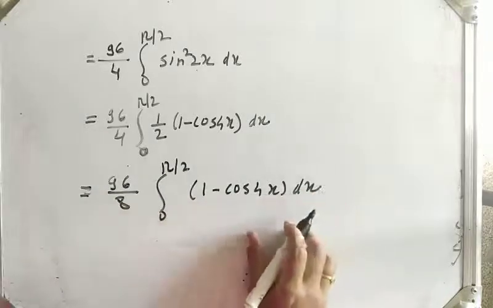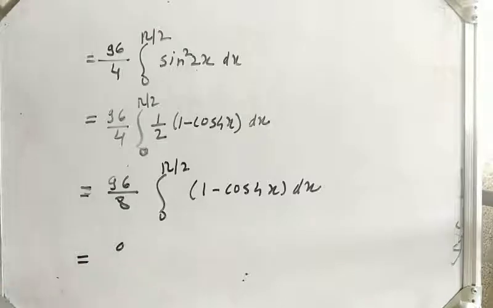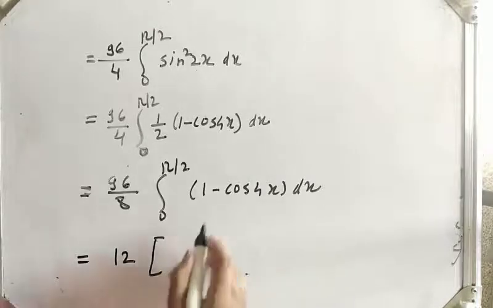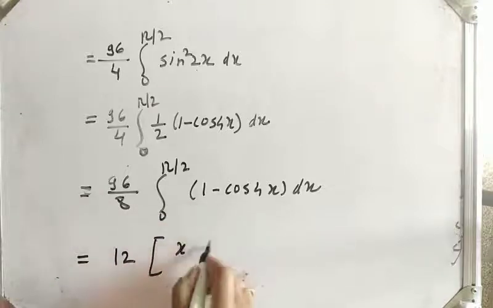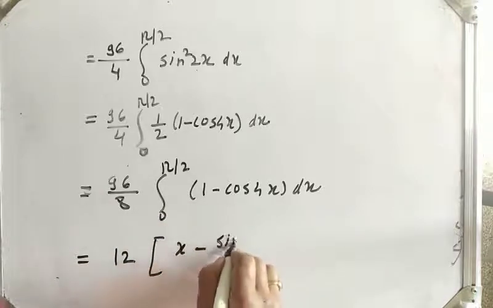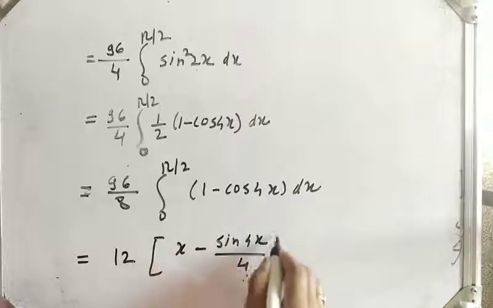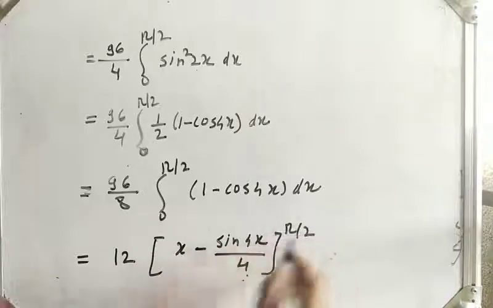Now let us integrate with respect to x. It is 12, and integrating we get x minus sin 4x upon 4 with limits 0 to pi by 2.